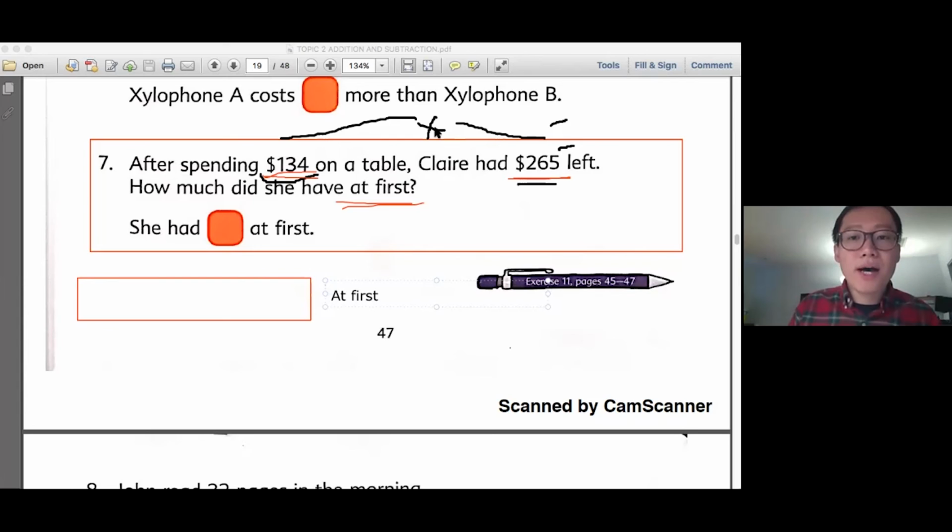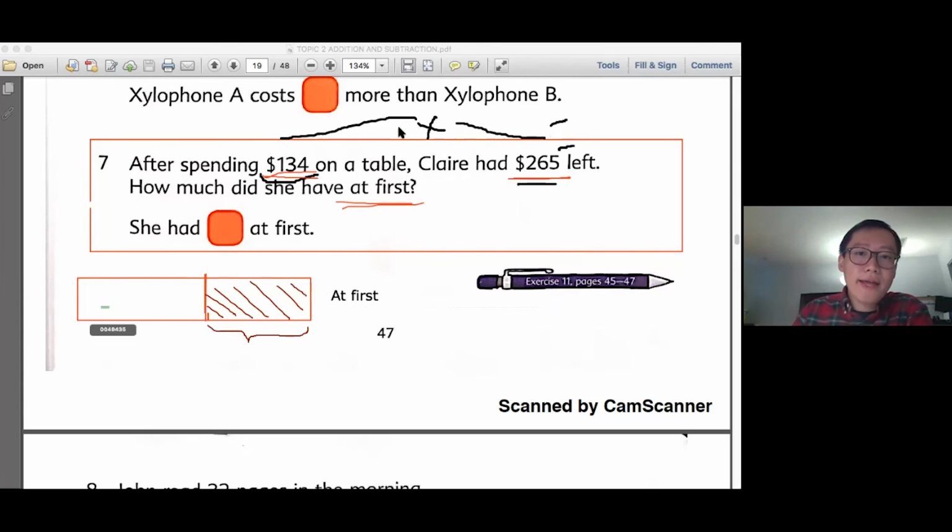So out of the money she had at first, part of it goes to the table, right? Let's do a bar and shade the table as brown. Maybe she bought a brown table. Let's shade it as brown. So the brown shaded area is for table.